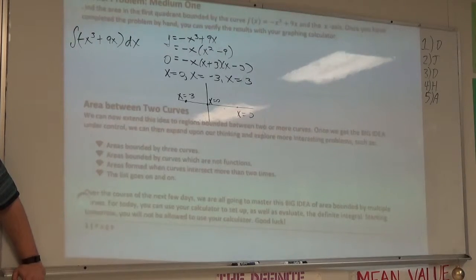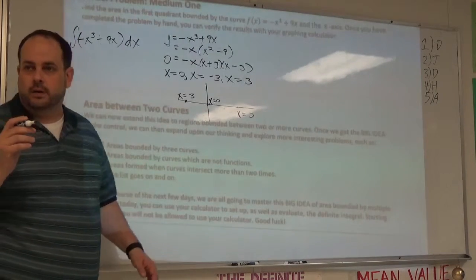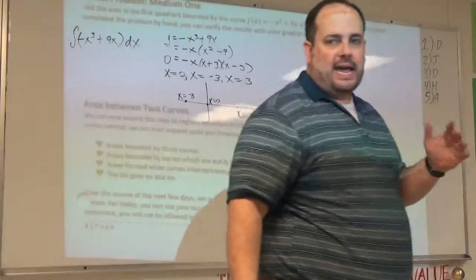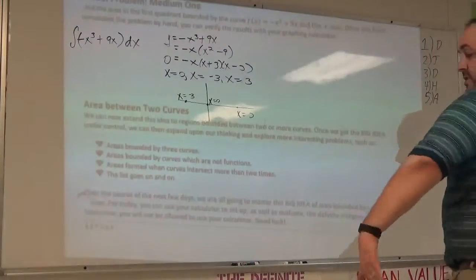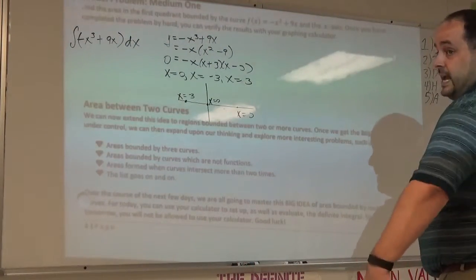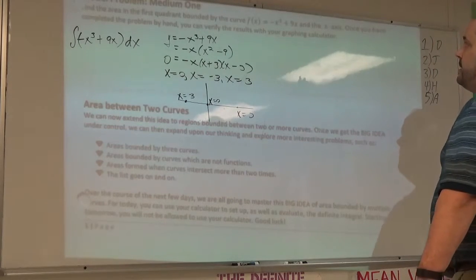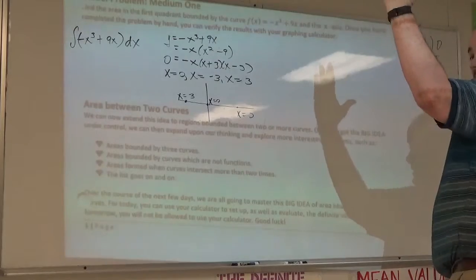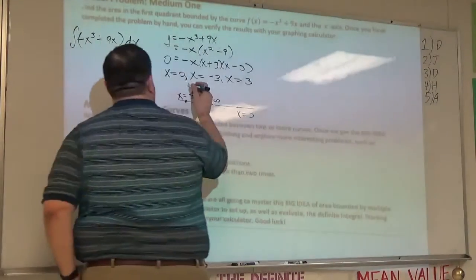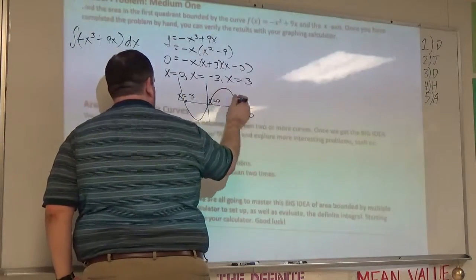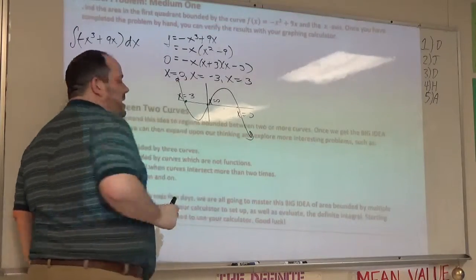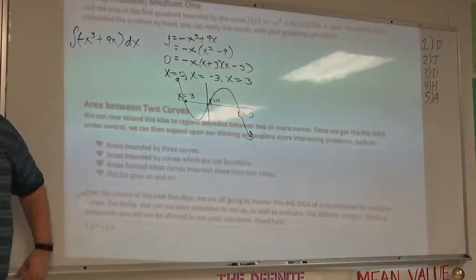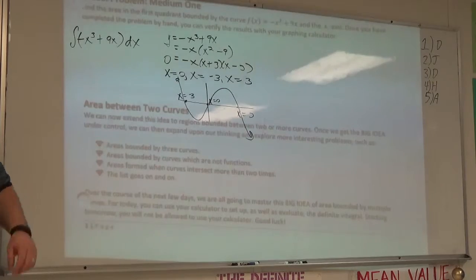If it's x cubed, what are the tails doing? This tail points down, this one points up. But I've got negative x cubed, so the tails have to do the opposite. So your graph ought to look something like that. We're not going to get obsessed over how high up and how far down, just a sketch.